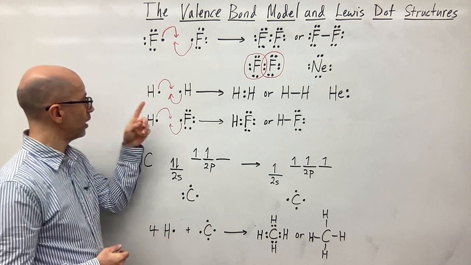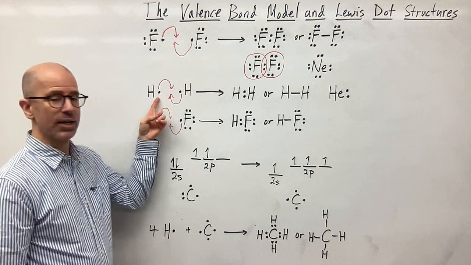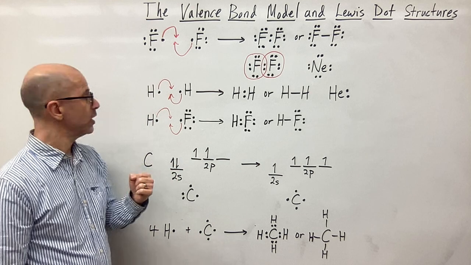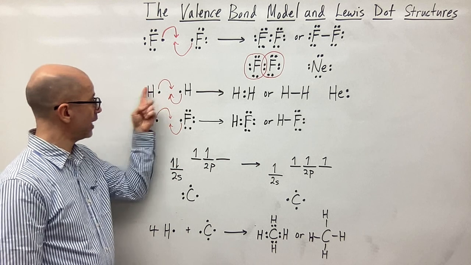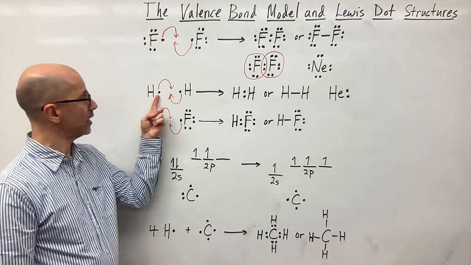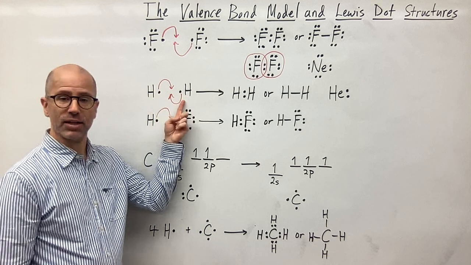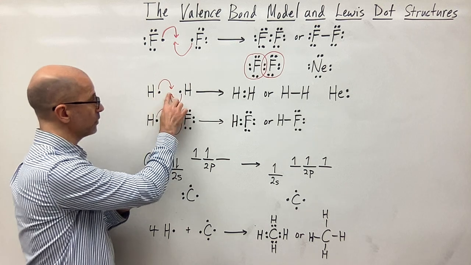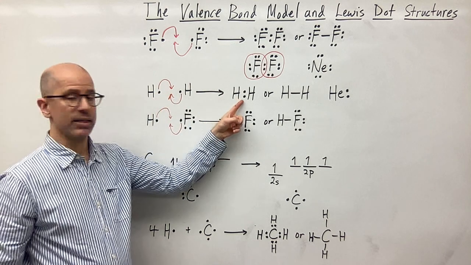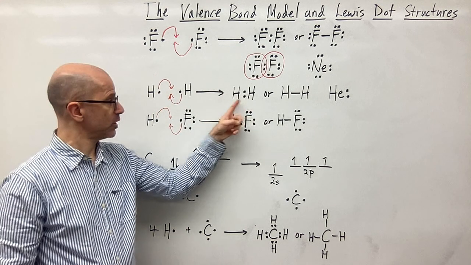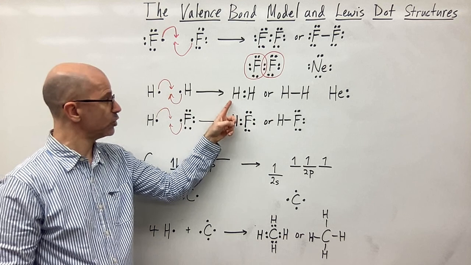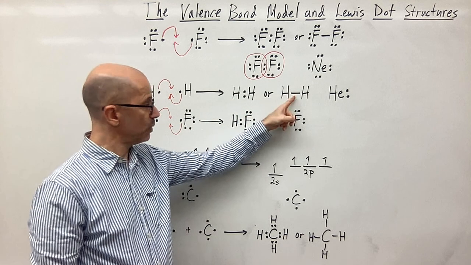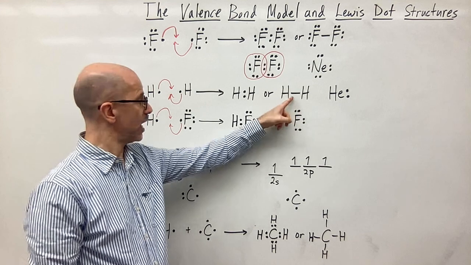So here again, another example, we have hydrogen. Hydrogen only has 1 valence electron in the 1s orbital. So this hydrogen has 1 electron. This hydrogen has 1 valence electron. They will pair up the 2 electrons here to form a bond. These 2 electrons are now shared between the two hydrogens, forming a covalent bond, which could be represented by the line here.